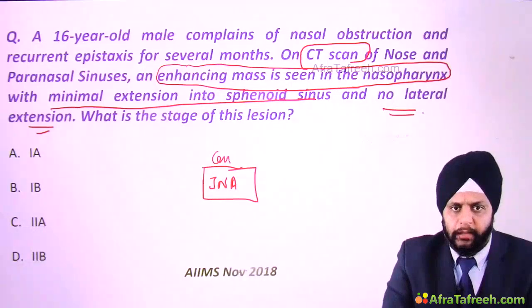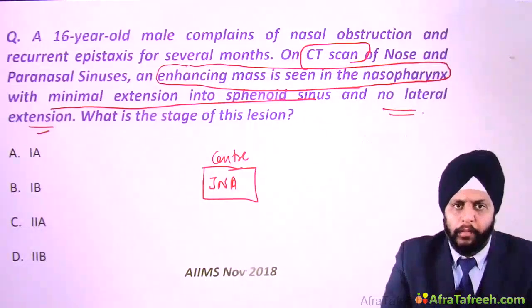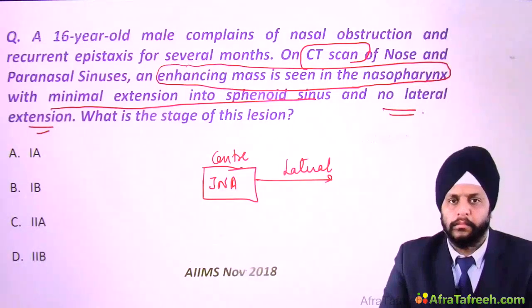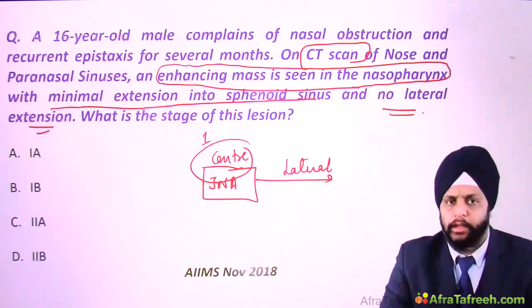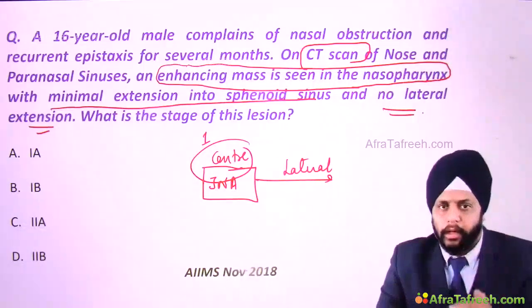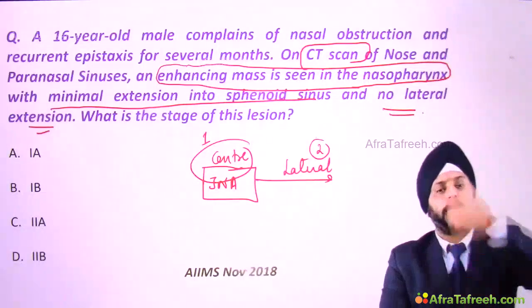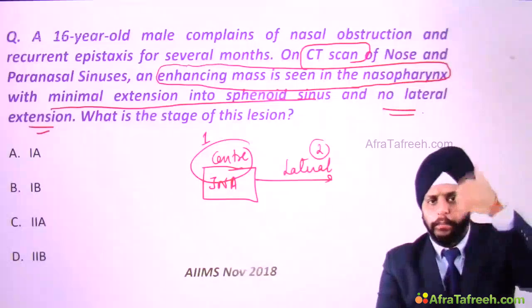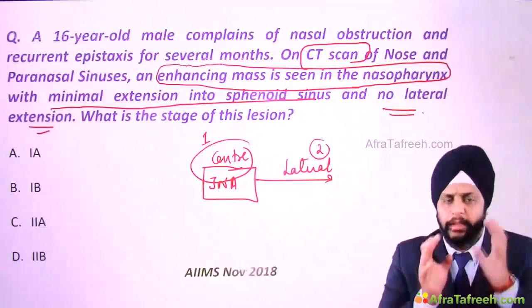So till the time it is in the center, it will be stage 1. The moment it starts its lateral extension, remember the tunnel, it will go into stage 2. And the moment it starts going up intracranial, it will become stage 3. Okay, that's the basic idea.